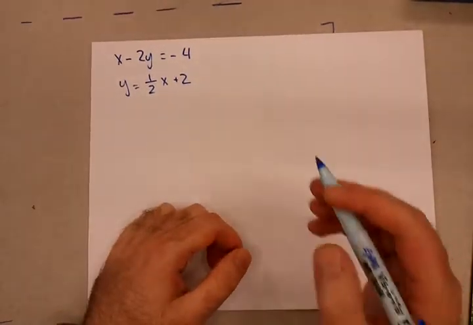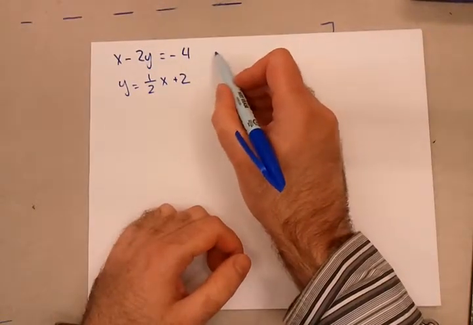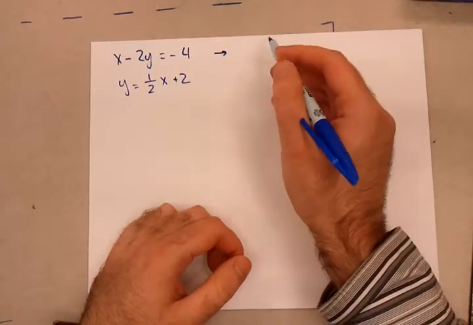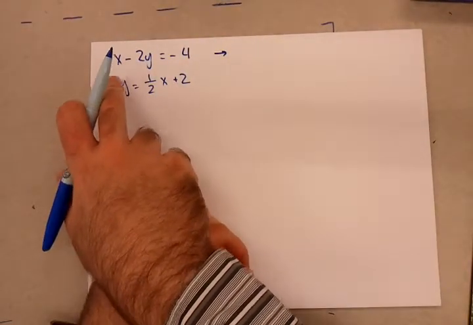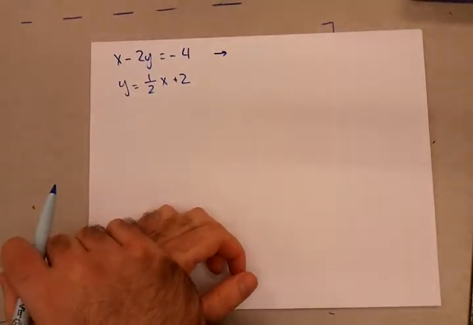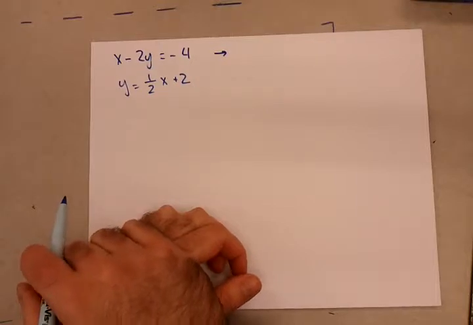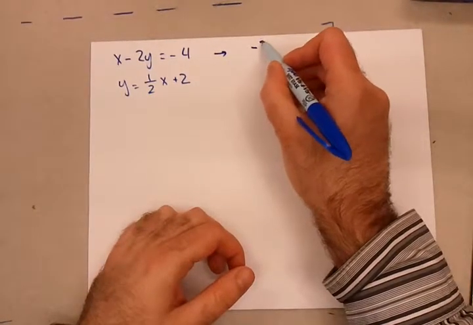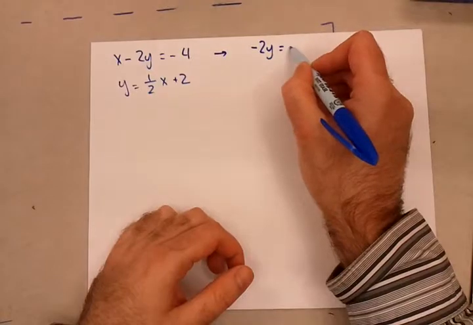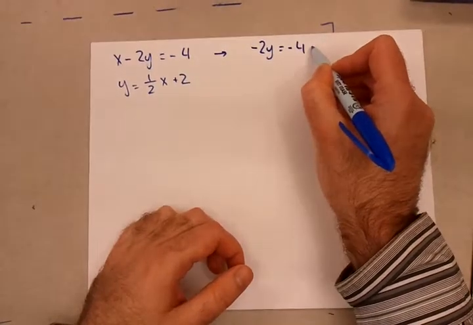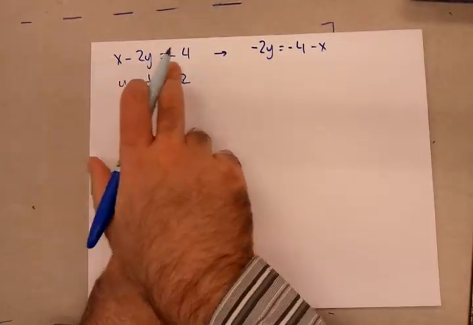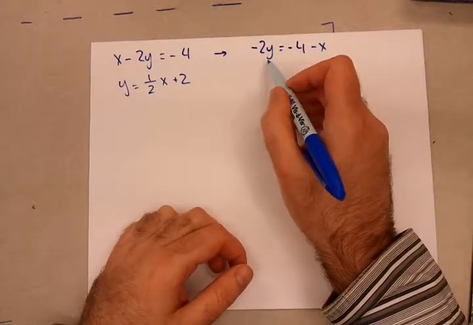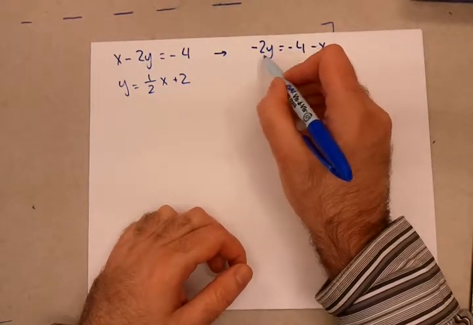The second equation is already in slope-intercept form, so let me go ahead and put the first equation in slope-intercept form. To do that, I need to isolate y, which means I'm going to get rid of this x first by subtracting x from both sides. When I do that, I get negative 2y equals negative 4 minus x. Then I'm going to divide everything by negative 2 to get rid of this negative 2.